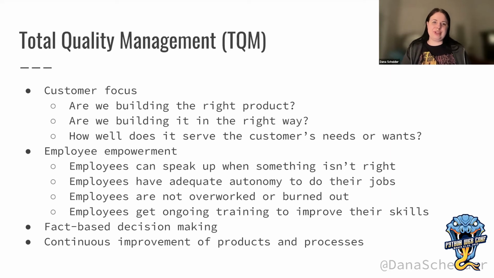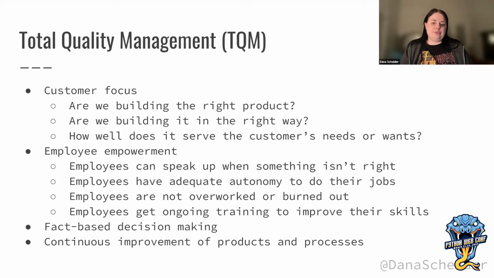If this sounds like total quality management is an organizational approach more than a process approach, then you're absolutely right. That is the major differentiating factor between TQM and traditional software QA.